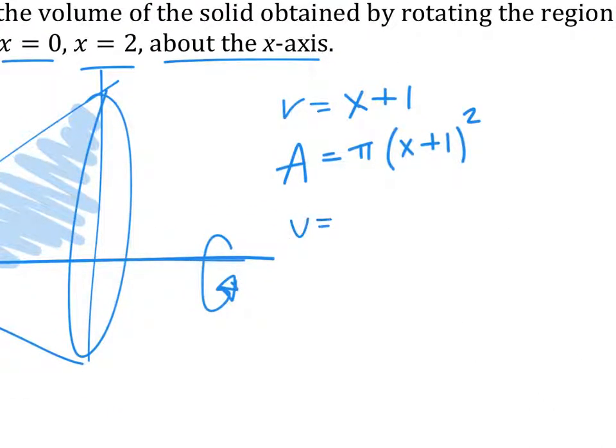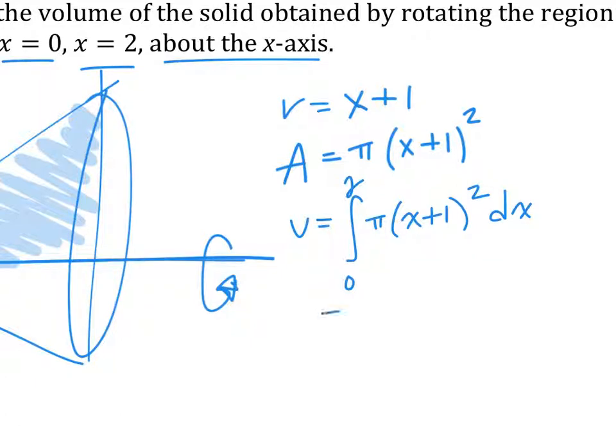Okay, volume is going to be the integral of the area along the x-axis. So whenever they tell you which axis you're turning, that is the axis you're integrating with. So this is dx from where to where? 0 to 2. All right, go ahead and figure out the volume.